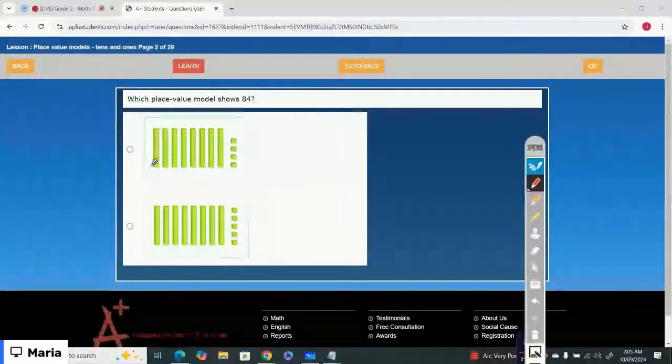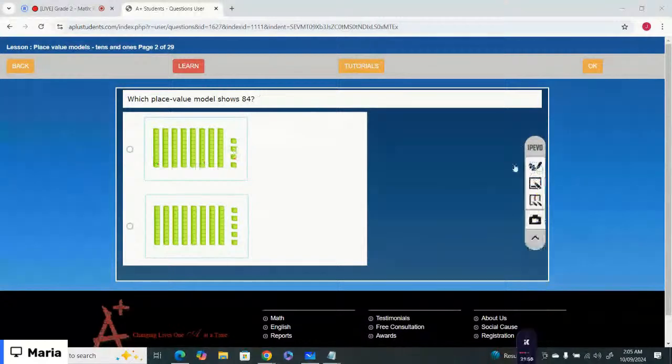Option number 1 is the correct option, right? 1, 2, 3, 4, 5, 6, 7, 8. You have 8 tens and 1, 2, 3, 4 ones. So 8 tens and 4 ones makes 84. That is the correct option.